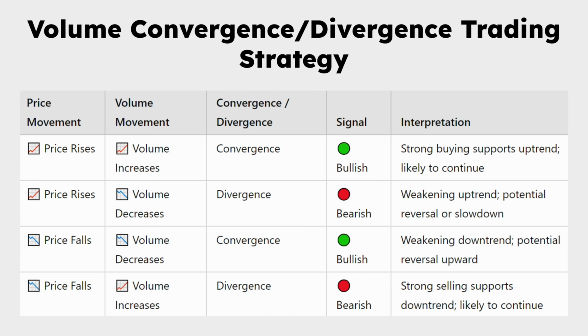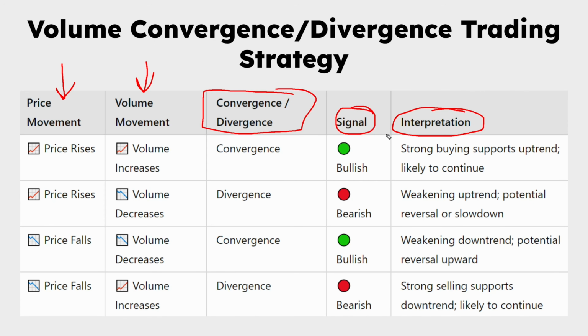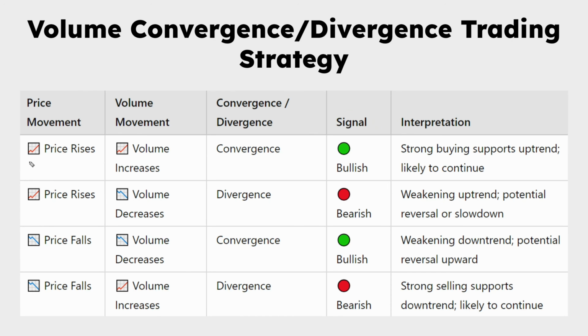But yeah, now let's take a look at this in a step-by-step manner. For this table right here, first of all, we have the price movement, then we have the volume movement, then we can see if it's a convergence or divergence. We get the signal here, and I also have written down the interpretation. So let's go over this step by step. First of all, when we have price rises and we have volume increasing, this is what is known as a convergence, because the volume and the price go in the same direction.